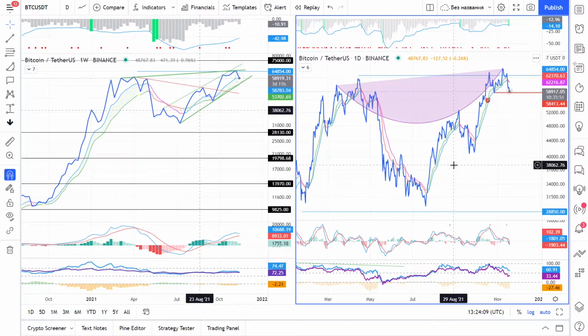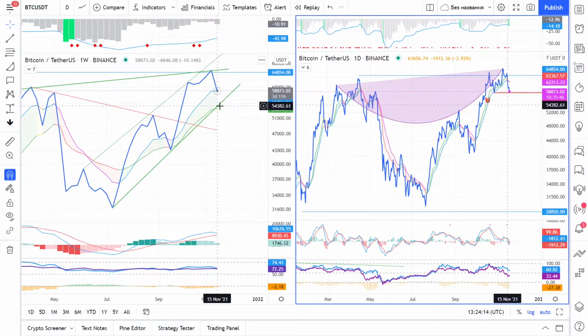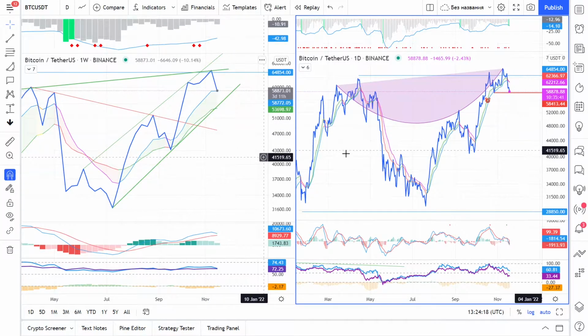So in 2 words, on a weekly right here, if we penetrate the support and resistance band, we'll penetrate the symmetric channel, and that will result in a strong move to the downside.